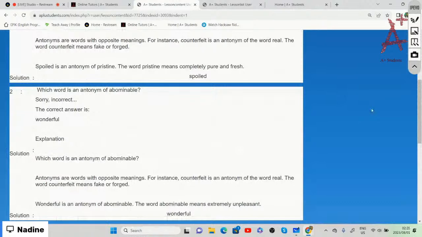Which means that wonderful is the antonym of abominable, and the word abominable means extremely unpleasant. So the opposite or the antonym of abominable is wonderful.